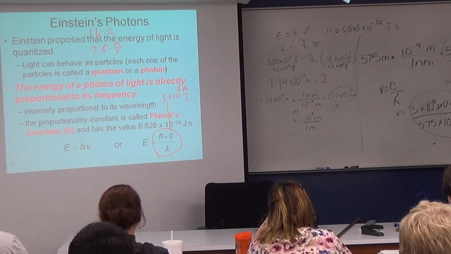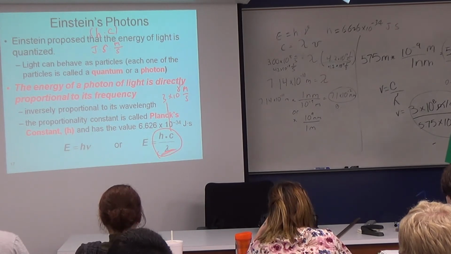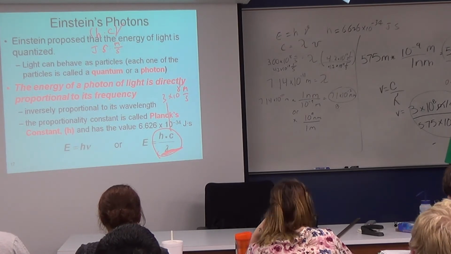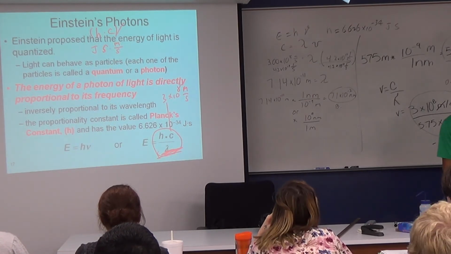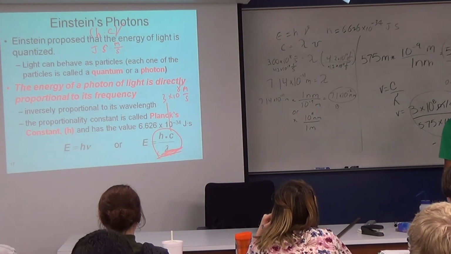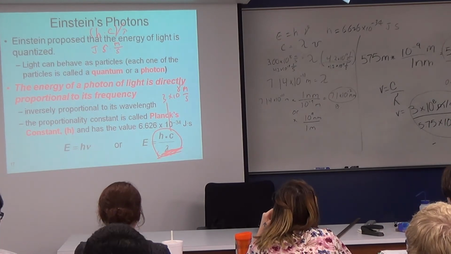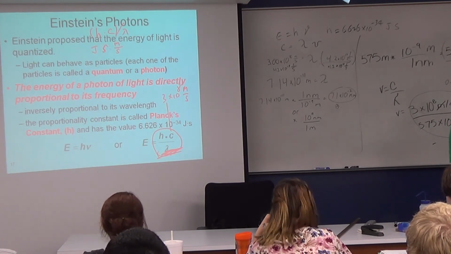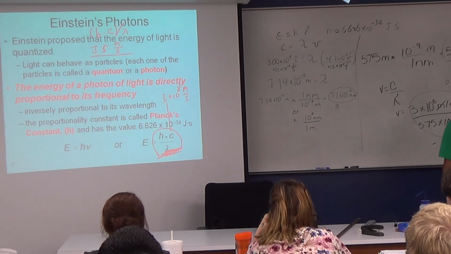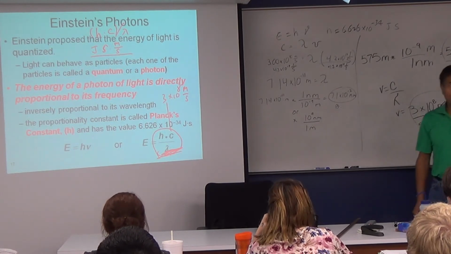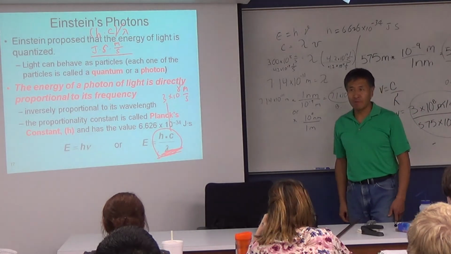This equation tells you h times c divided by what? Divided by lambda. Therefore we have to divide by lambda, and then let's figure out what unit we should use for lambda.